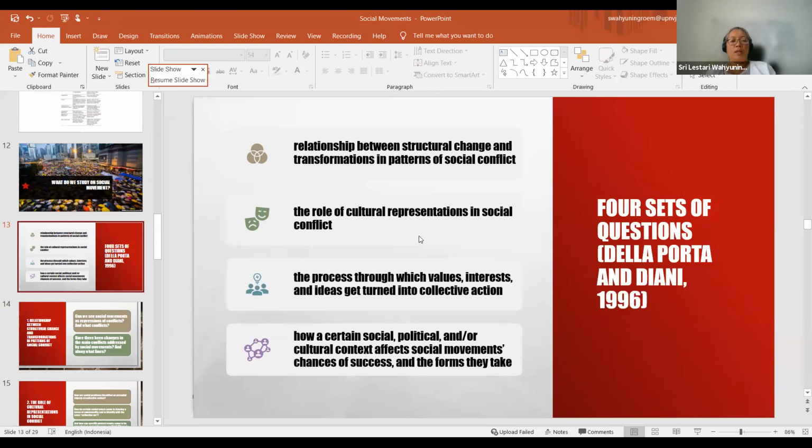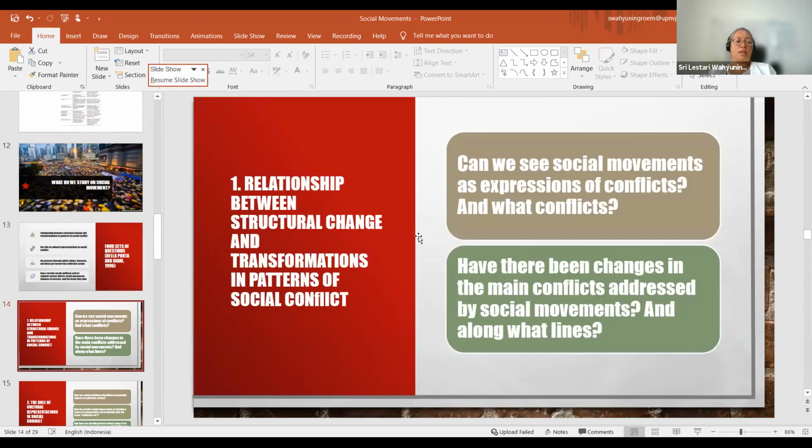And the third one is the process through which values, interests, and ideas get turned into collective action. And the last one is how a certain social, political, and cultural context affects social movements, chances of success, and the forms they take. So I think I'll skip this.